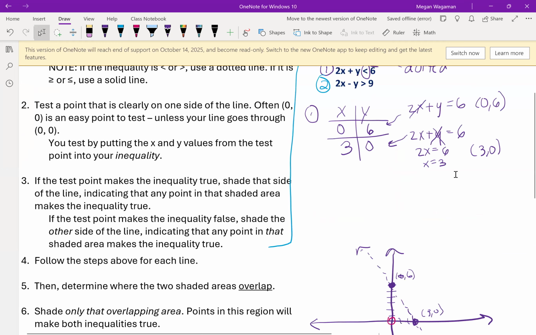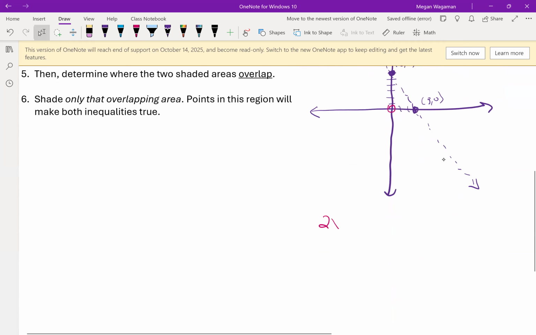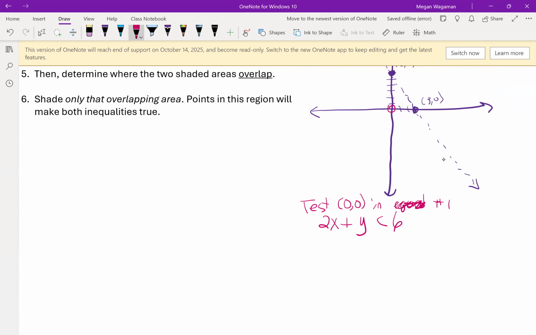So I'm going to put that into the inequality and see if 2x plus y is less than 6. So this is my test (0, 0) in inequality number 1. So if I do 2 times 0 plus 0, is that less than 6?